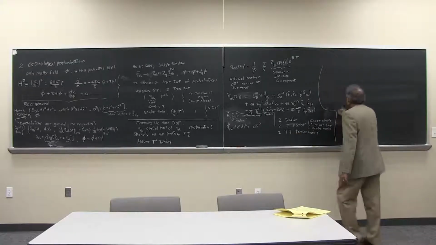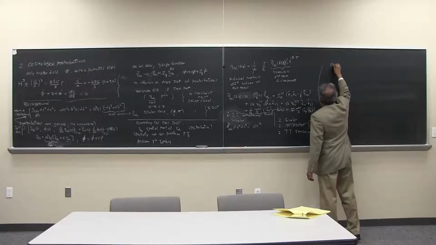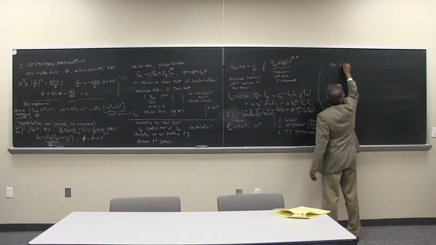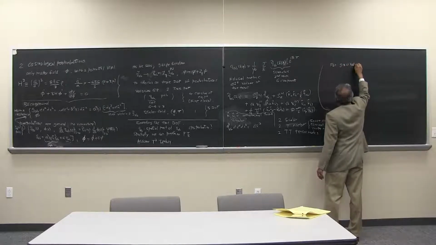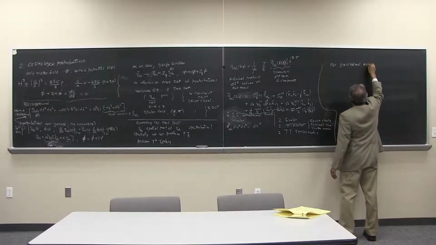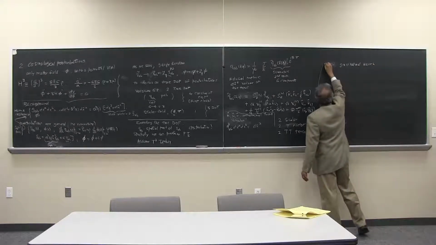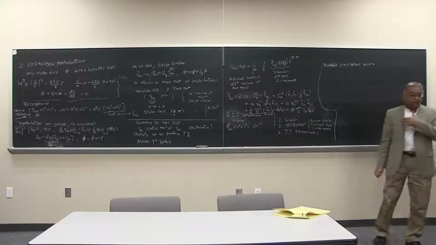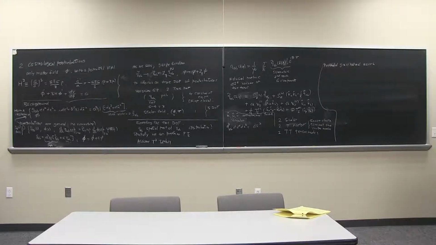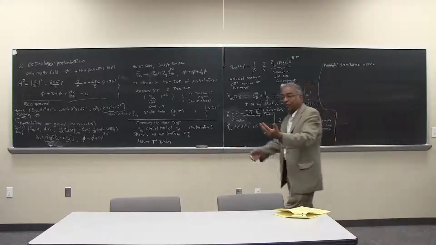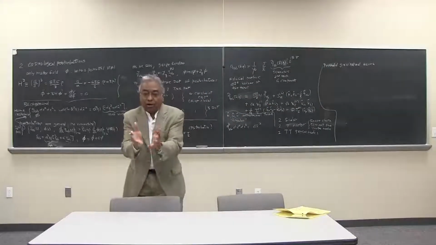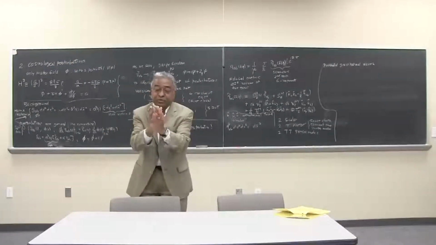So the statement is that for gravitational waves, these are primordial gravitational waves. As I told you last time, the big difference is that for the primordial gravitational waves, there is no source for them. The gravitational waves we saw before, which were emitted by stars and by black holes, are all retarded solutions to some wave equation with some sources.